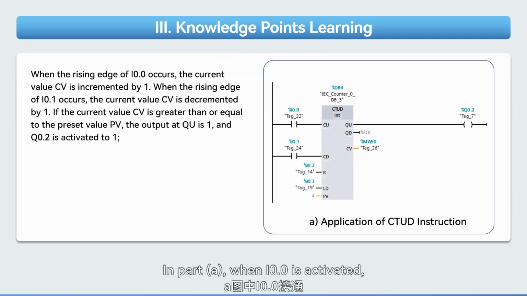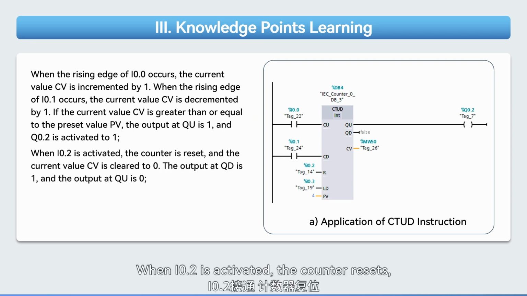In Part A, when I0.0 is activated, the counter increments by 1. When I0.1 is activated, the counter decrements by 1. If the current value, CV, is greater than or equal to the preset value, PV, the QU output activates, Q0.2 is energized.